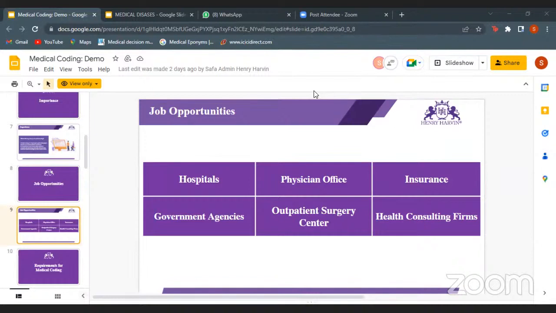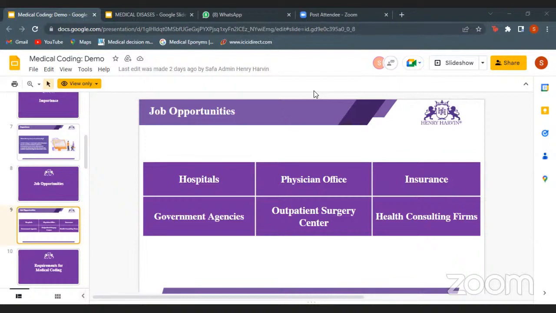Then the government agencies. In America, there are certain insurances which are actually given by the government. They are called federal insurance, like Medicare and Medicaid. Medicare is insurance for everybody above 65 years of age, and now that policy includes many handicapped people below 65 years.